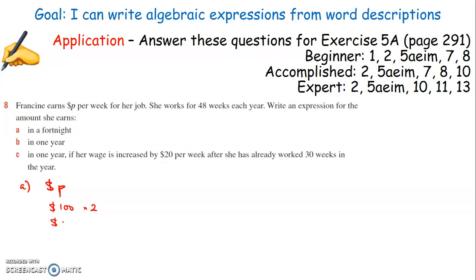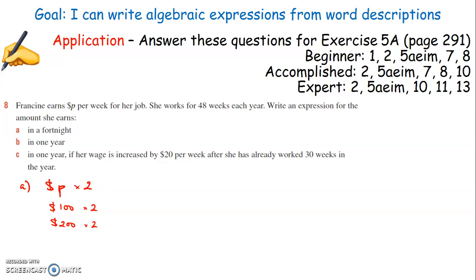If she earns $200 a week, then you times 2 for the fortnight, and she would get $400. So what we have to do with P here is multiply that by 2 for the fortnight, or 2 weeks.